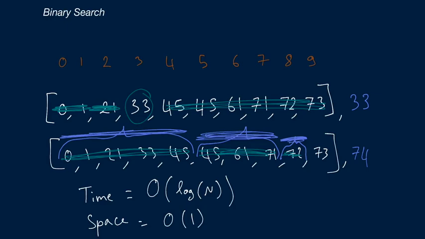You're not storing variables somewhere. You can do this all in place in the array, and all you have to do is keep track of the target number. But so that's O of 1 space.